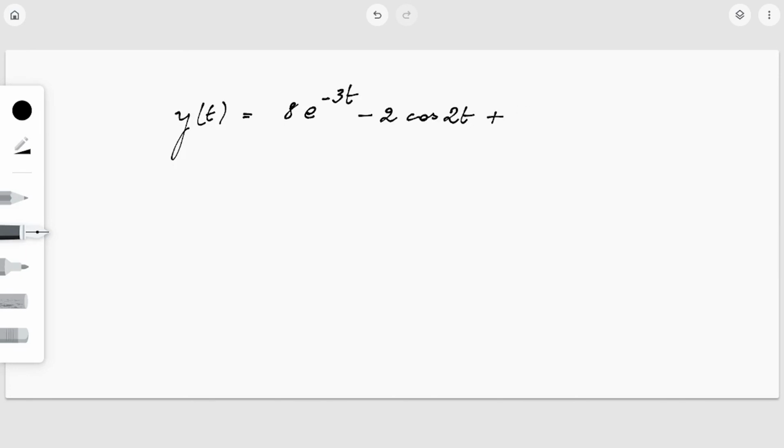To make it into a familiar form, we'll have to multiply and divide by 2, so we'll get 3 sin 2t. So this is the solution of the initial value problem which was given to us.